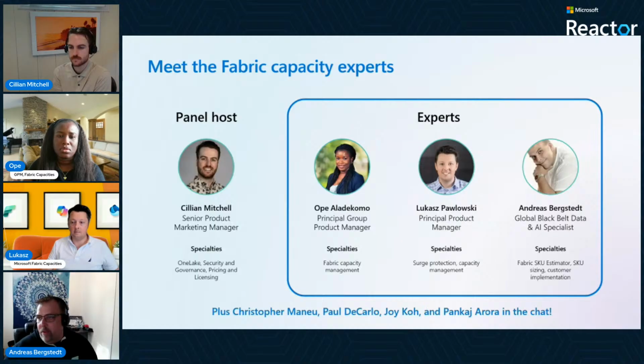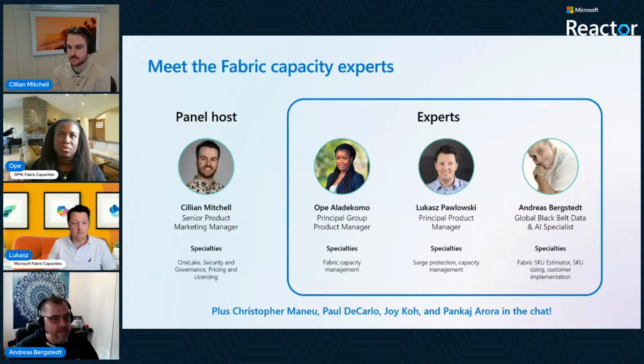But for 6,000 users, if we look at the tooling, this is an F-256, roughly, based on the user count. So 256 capacity units to operate those. That's roughly what we estimate.